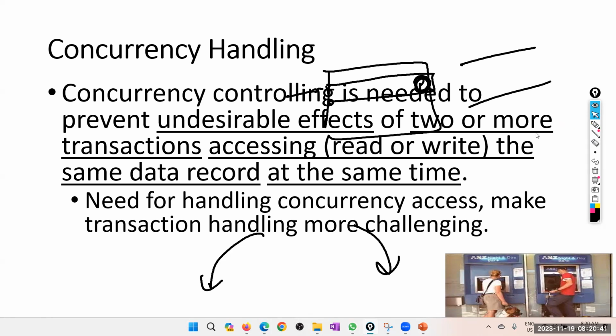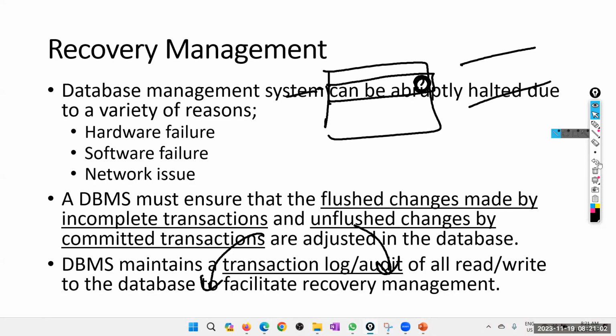Not every transaction has to think about the concurrency, only transactions which have overlapping records or refer to the same data. Okay, so that is where the concurrency handling must be done. And of course, I explained to you the recovery management.